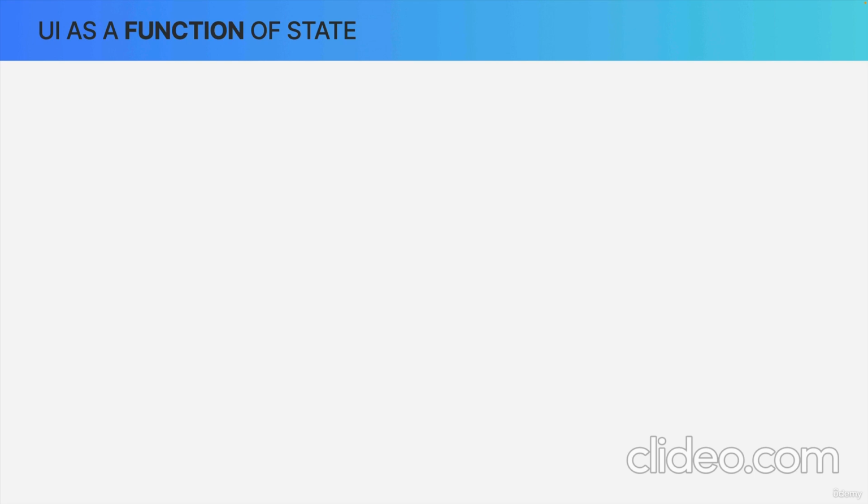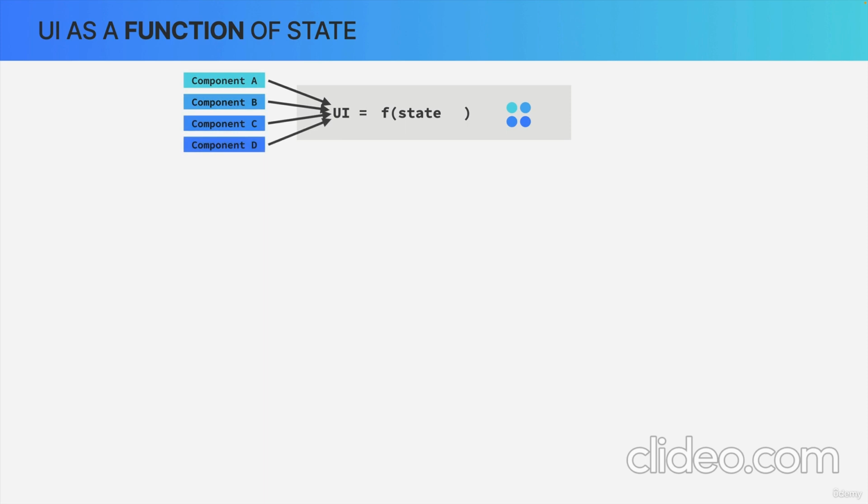Now, if we analyze everything that we just learned about state, we can come to the conclusion that we can basically think of the entire application view, the entire user interface, as a function of state. In other words, the entire UI is always a representation of all the current states in all components.